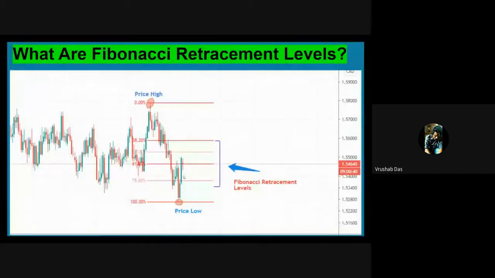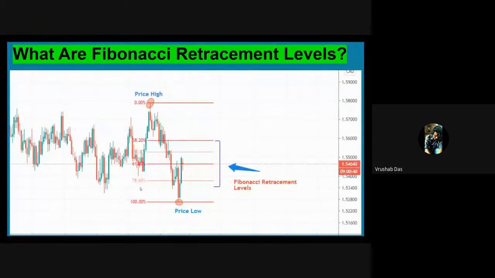After that, it can be drawn by dragging from the recent price high on a chart to the current price low, and after that we can use it as a trading strategy.